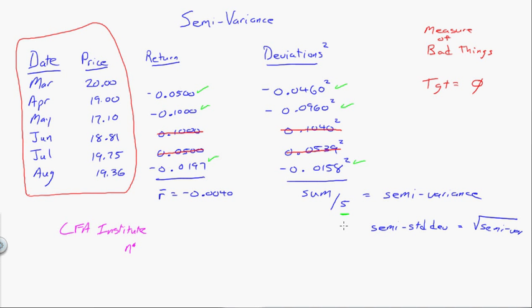So hopefully you see, if you understand variance, doing semi-variance is extremely easy because after you do variance, you look at your target and say anything above my target number I don't count, so I cross it out, and then I proceed as normal, and I still divide by n rather than n star, because that's the way we're going to do it. And be aware that CFA Institute and other people may do it different ways, but consistency is the most important thing.